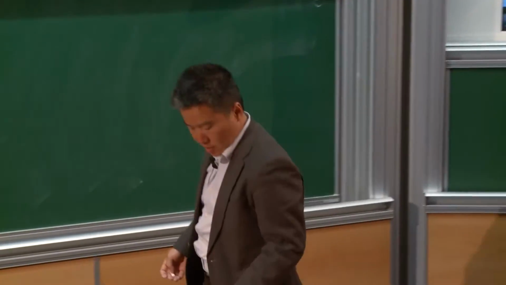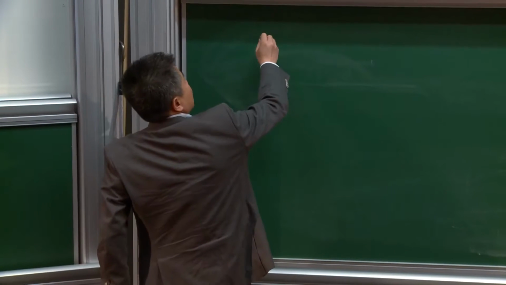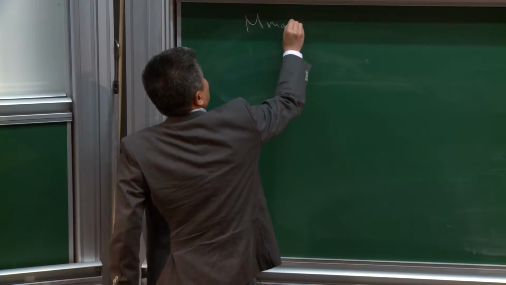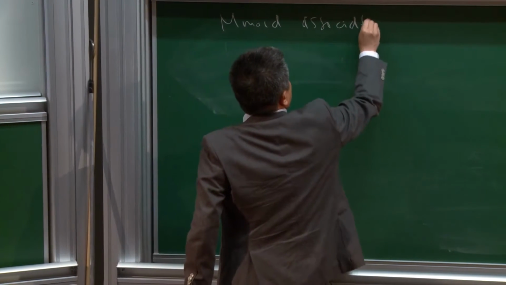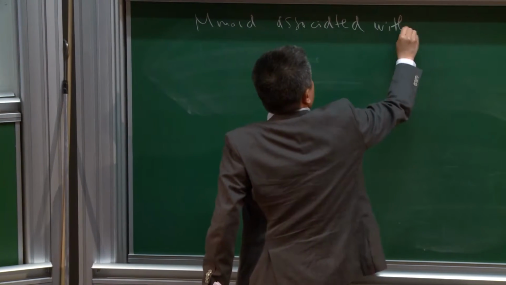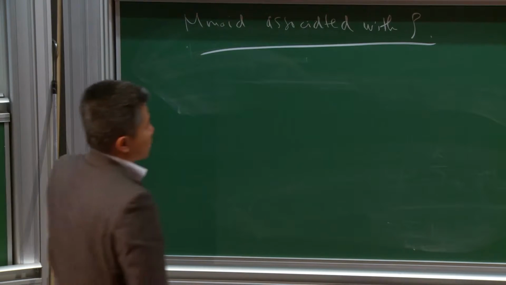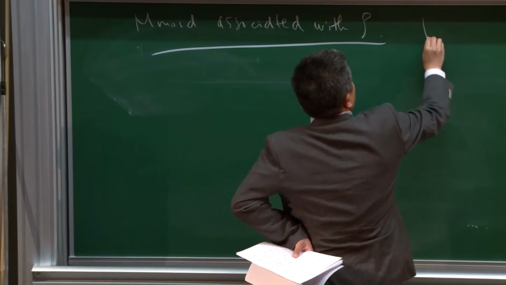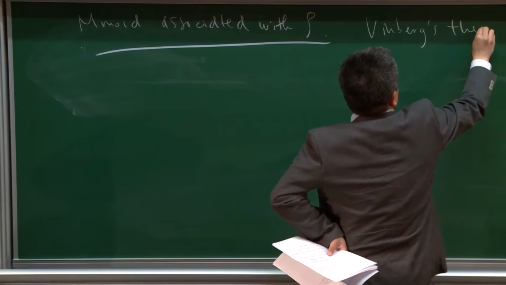Yes, there is a monoid associated with rho. This can be constructed using the Vinberg theory of monoids.